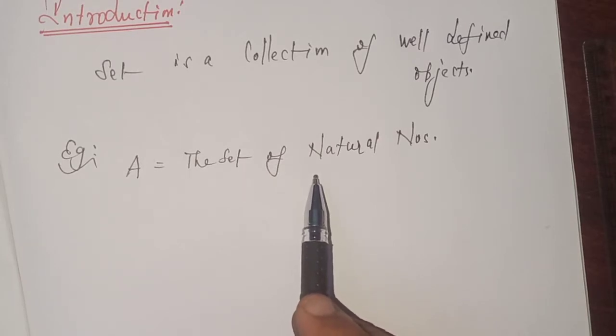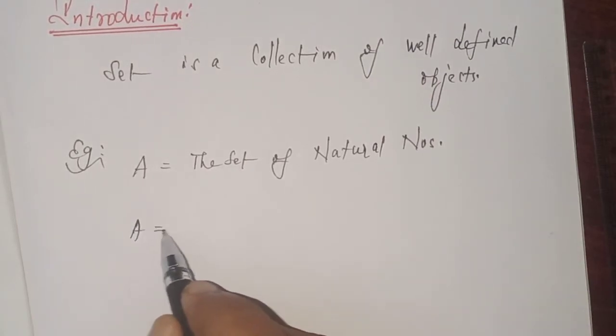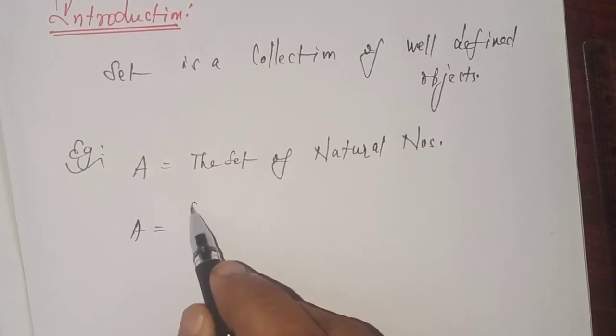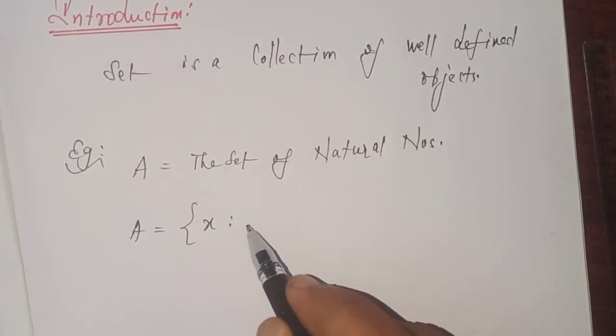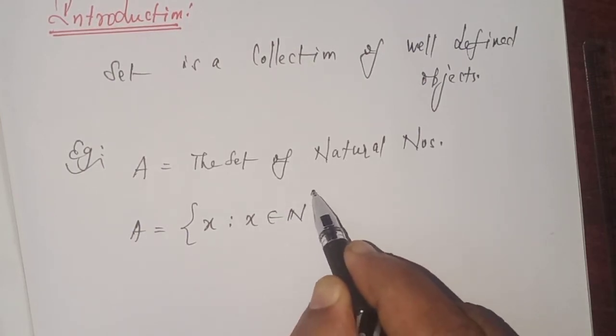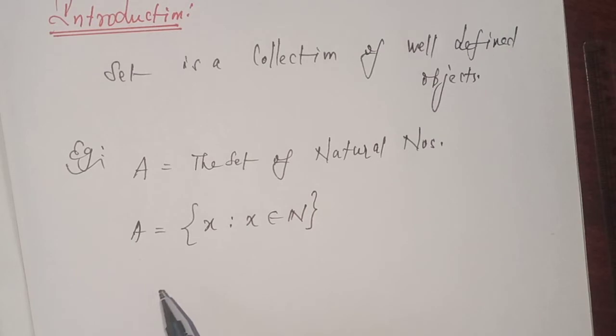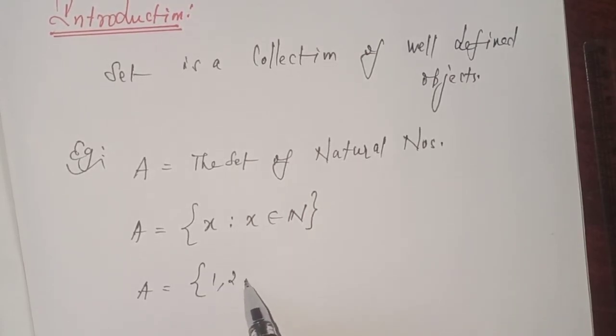The same set can be represented in set builder form. A is equal to the set of all x such that x belongs to capital N. You know very well, capital N represents the set of all natural numbers. The same set can be represented in another way. You know that the natural numbers start with 1, then 2, 3, 4, 5, and it is going on.